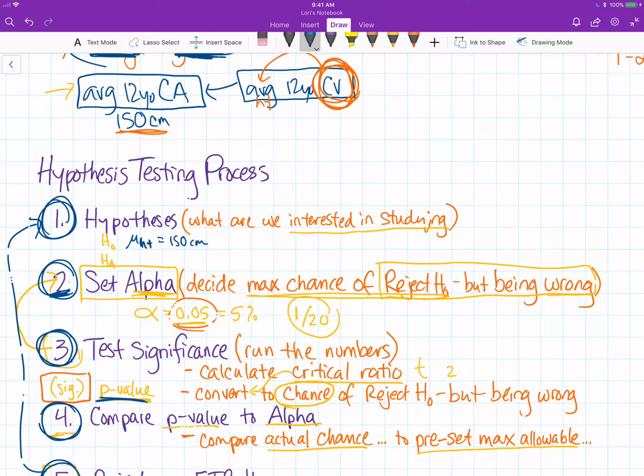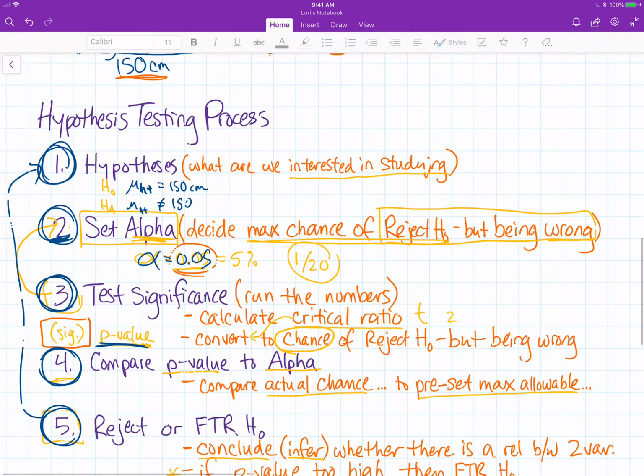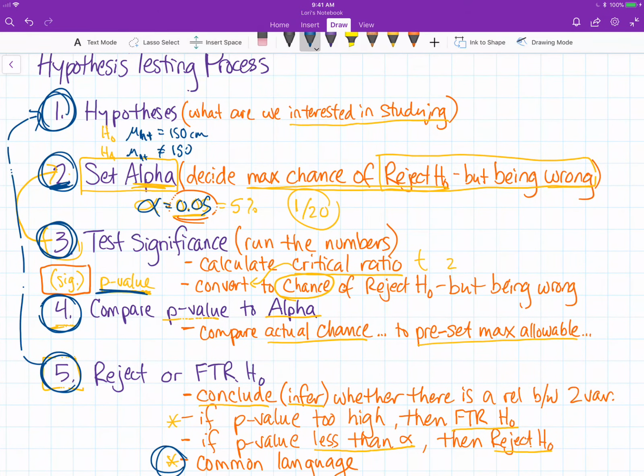The alternative hypothesis, or our research hypothesis, is that the average height is not equal to 150. We would set our alpha at 0.05. We would run our test of significance and come up with probably a t-value, since this is a one-sample t-test. We could calculate that critical ratio, and it would give us a number. That t-value is converted to a p-value.